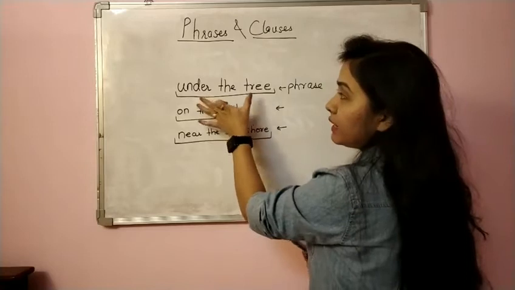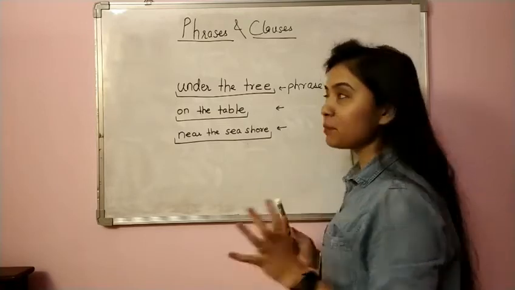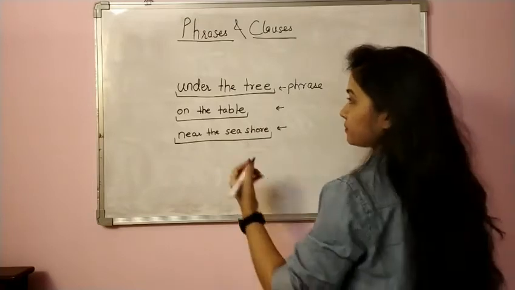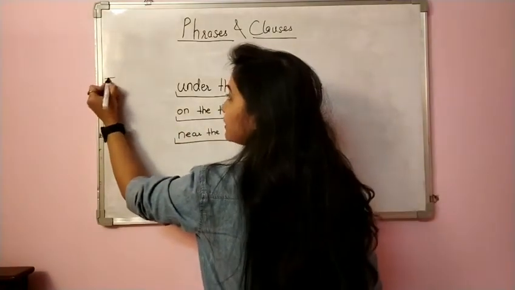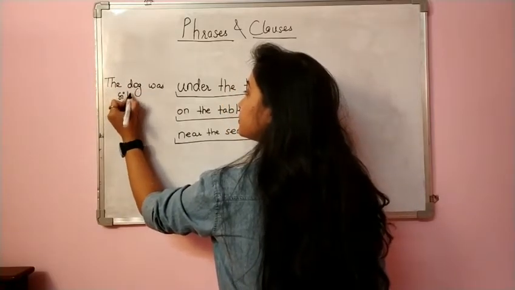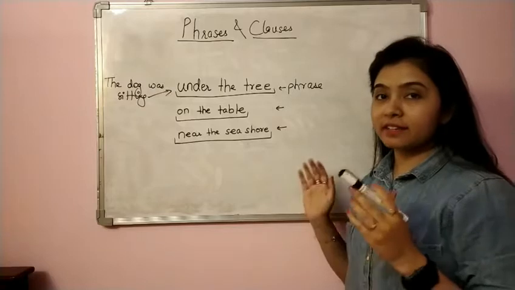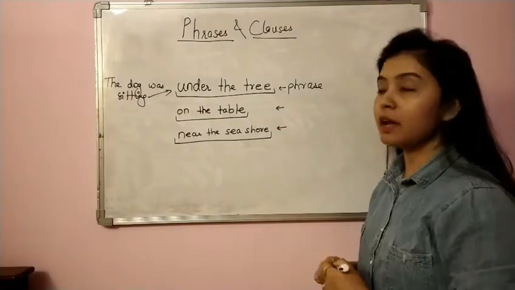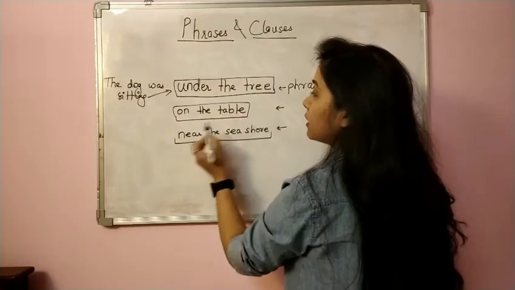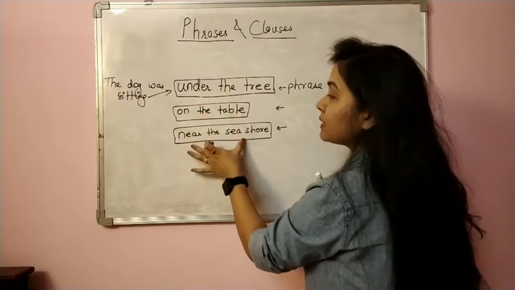So, by reading under the tree, we get to know that there is something added here which will formulate the entire meaning of the sentence. Like if we write the dog was sitting under the tree, this sentence has a complete meaning, but this part of the sentence, like under the tree, on the table, near the seashore, if individually we read these groups of words, we'll understand some meaning.